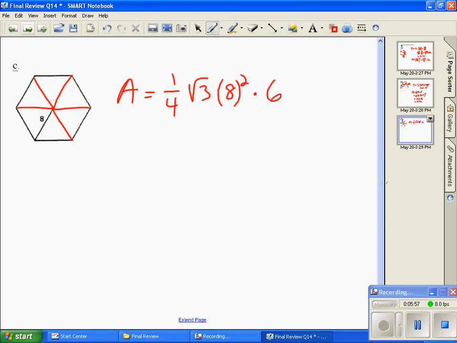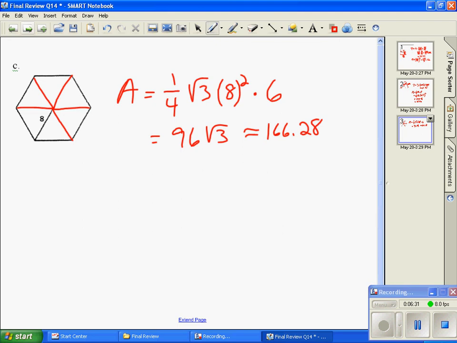Okay, so let's work this out. So we have 64 times 6 divided by 4 gives me 96 square root of 3, which is about 166.28. Okay, so that's the area.